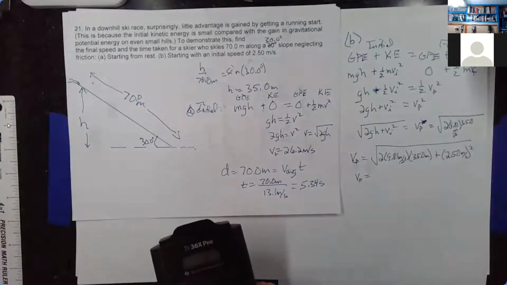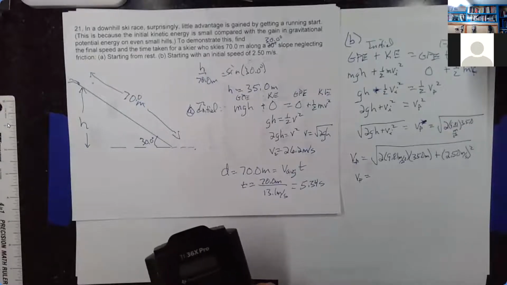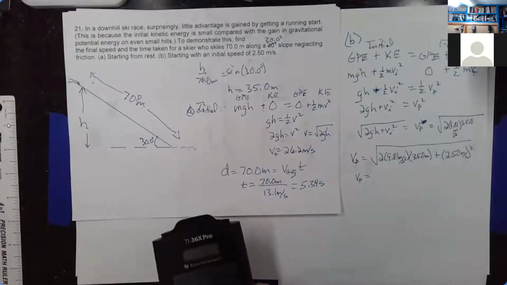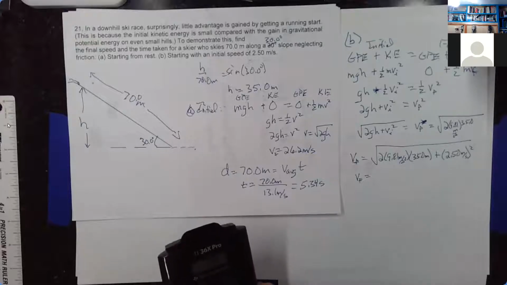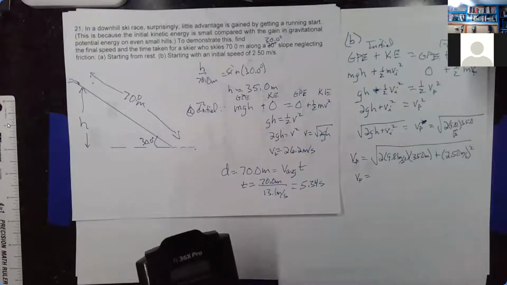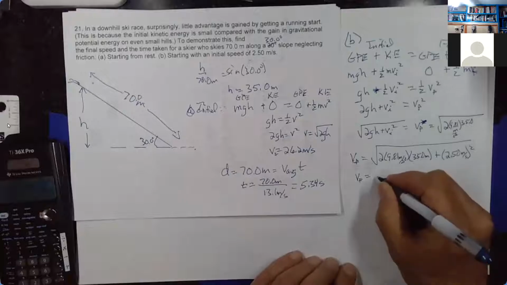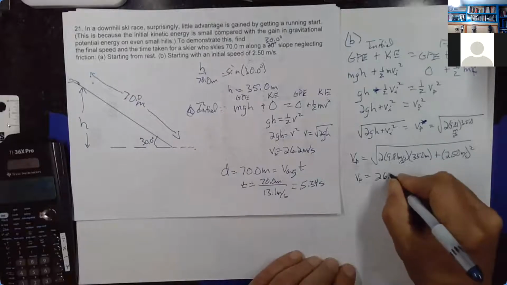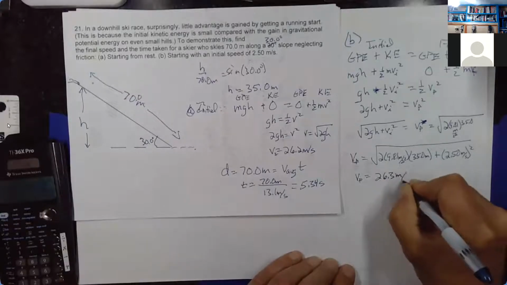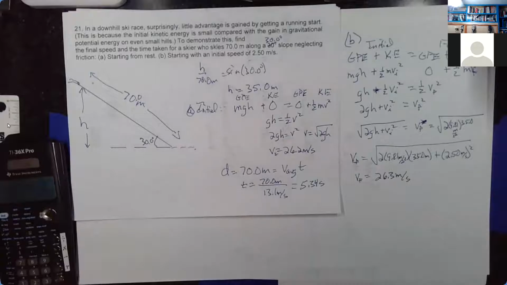Let's see, 2 times. Okay, and I need to take the square root of that. I get 26.3 meters per second is what the final speed is.